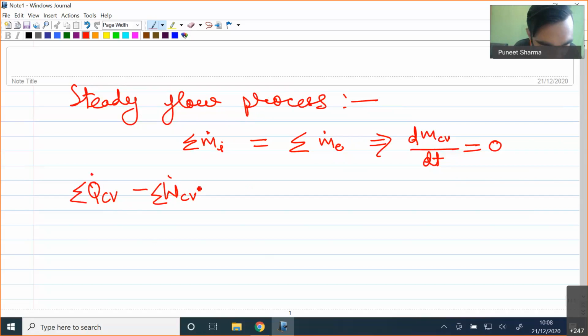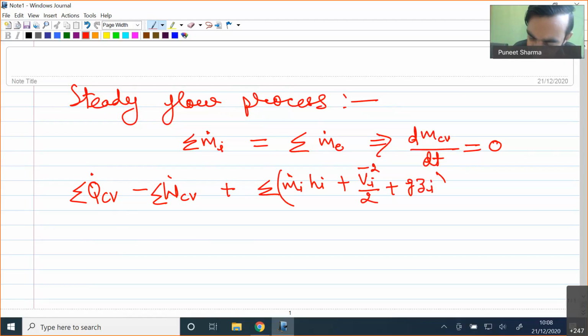Plus we will have the summation of m dot i into (h i plus V i squared by 2 plus g into z i).